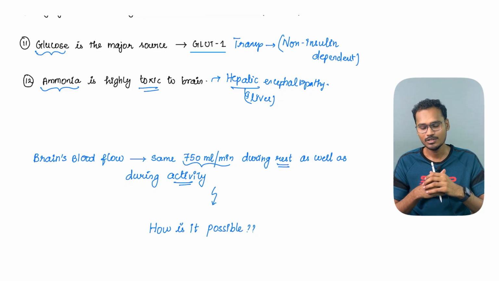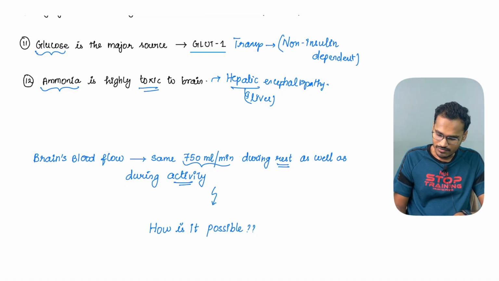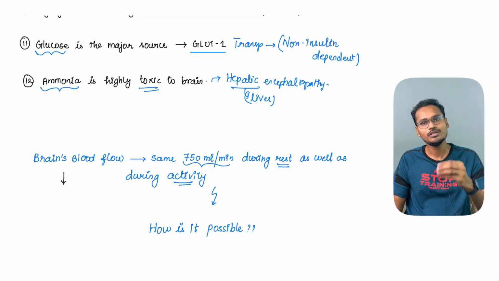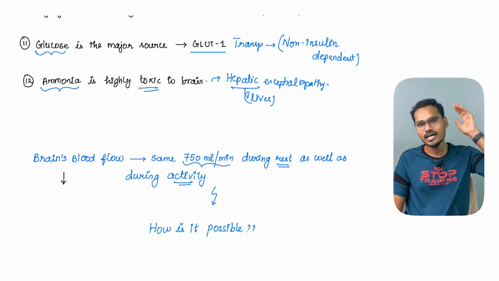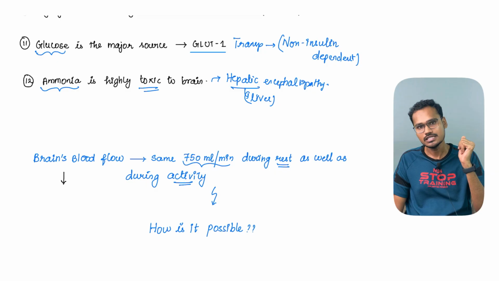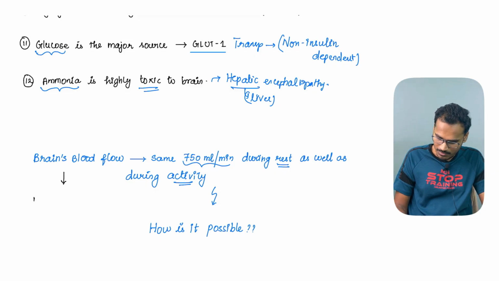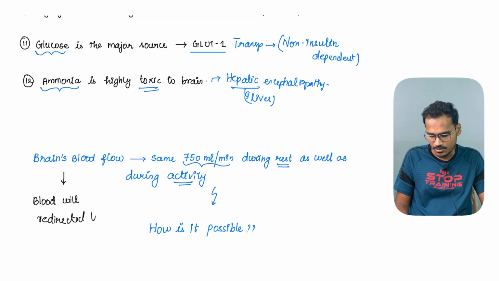How the brain is able to manage this supply is like this: suppose you are looking at a visual stimulus. What cortex is going to be stimulated? Your occipital cortex is going to be stimulated at that point of time. Now the blood flow will be redirected to the occipital region.